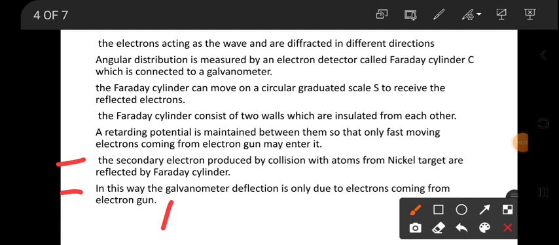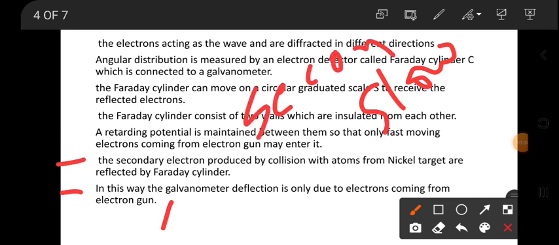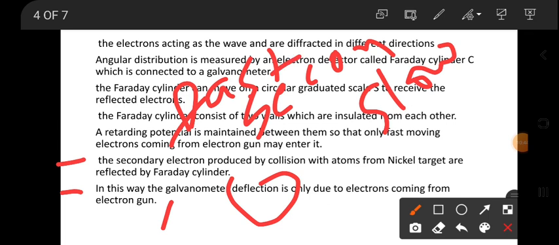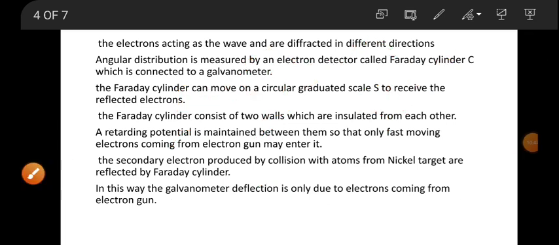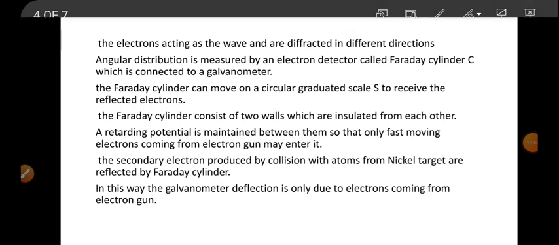It cannot receive slow electrons, or secondary electrons, in the detector. So only fast moving electrons, those coming from the electron gun, are received by the cylinder, and those electrons show the current in the galvanometer.